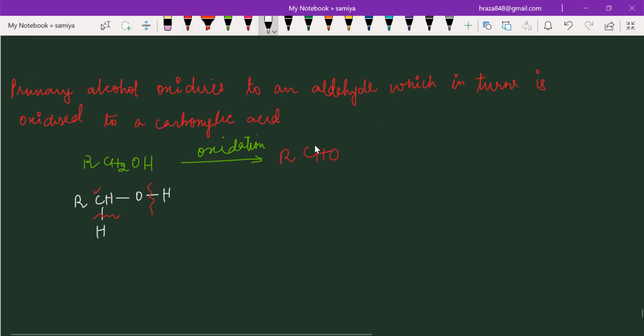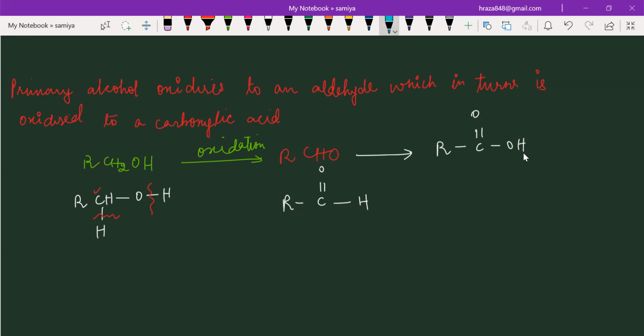Again, if you oxidize it, it will be converted into C double bond O, OH, carboxylic acid. So always remember, whenever alcohol is oxidized, it will be converted into aldehyde and then carboxylic acid.